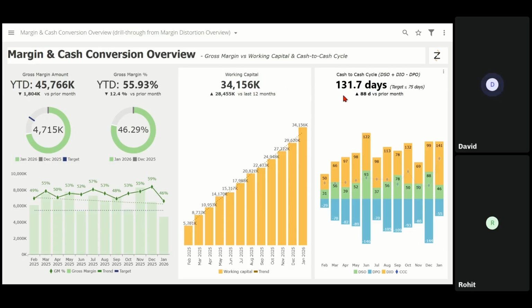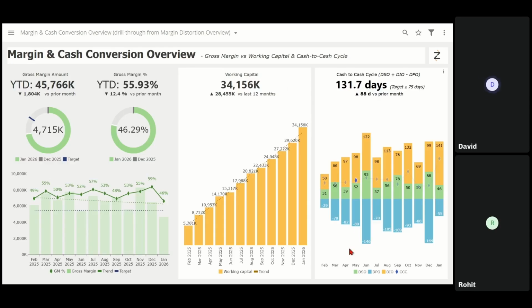So, wow, that's something bad, right? It has increased a lot. So something is happening. We need to try to uncover what the problem is. And that usually means one simple thing: the cash is being locked inside the business. It's aligned with the working capital. So maybe it's staying in the receivables. Maybe it's taking us longer to collect the money, or maybe it's staying longer in the inventory, right?